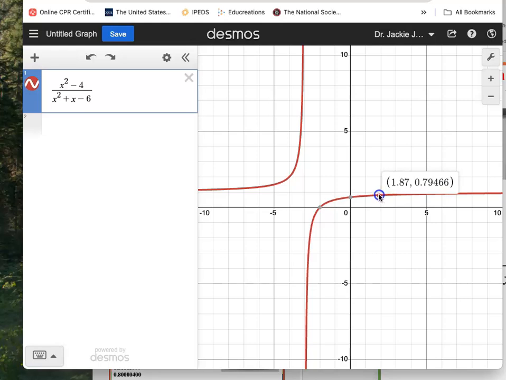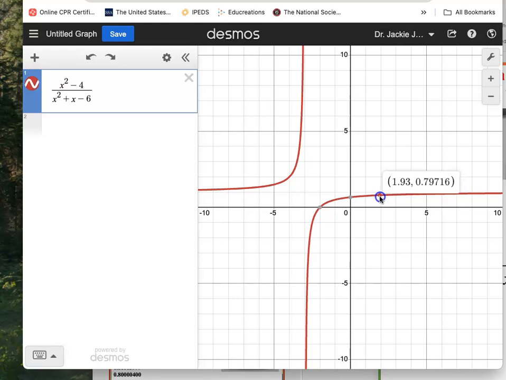Interesting. But as we get close to 2, as we're coming from the left, we're getting close to that 0.8, and I can come from the right, and again, we're getting close to 0.8.